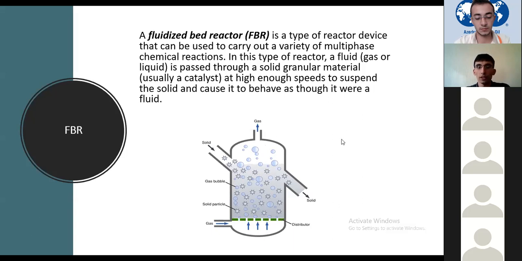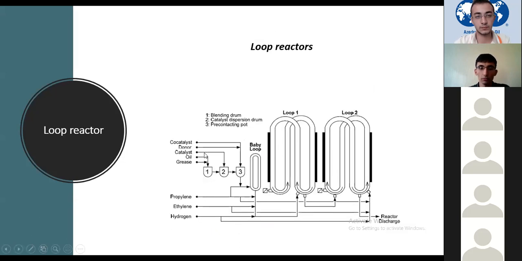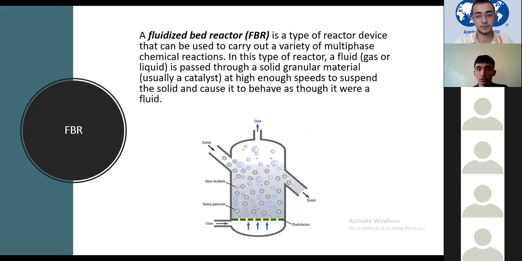So in loop reactors, as I've shown before, we produce solid particles using liquid propylene, and then we can send the products to this reactor.